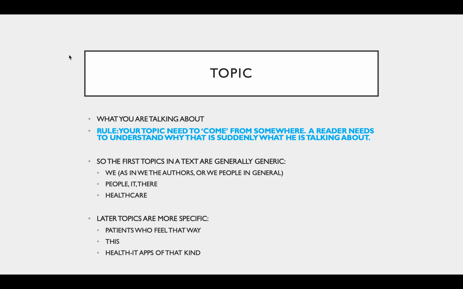So the first topics in the text are generally generic, like we, as in we, the author, so we, people in general, or people, or it, or there, or healthcare, or even American healthcare. I mean, that all still works. Later topics are more specific: patients who feel that way, this, health apps of that kind. You cannot start a text with the topic, health IT apps of that kind.